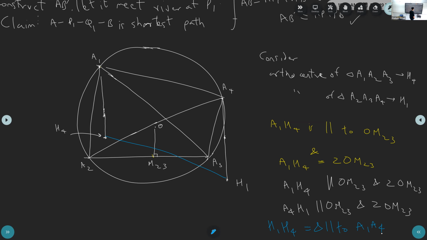So if I have to describe the same diagram through the language of translation, I can say: translation of segment A1 A4 through vector 2 times M23.